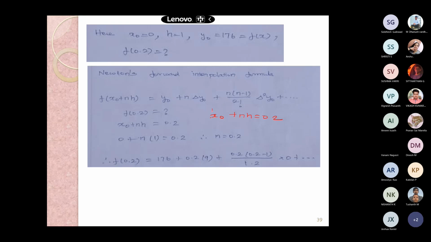We already know x naught and h, and n is unknown, so we can find the value of n from the rest of the values. We can find n equal to 0.2.